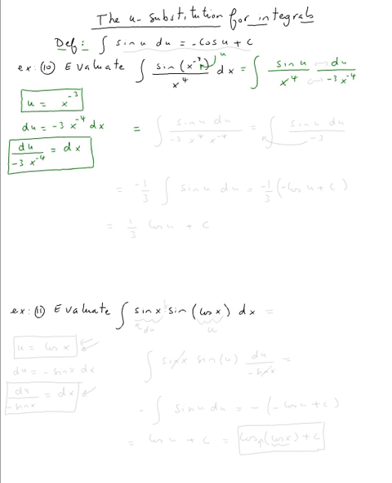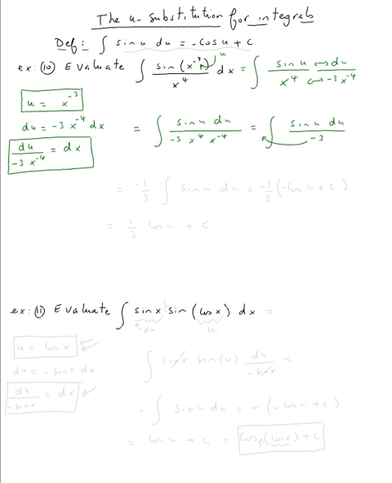Yes, you can multiply. These are just fractions, so this is going to be equal to sine of u du over negative 3 x to the 4 times x to the negative 4. But x to the 4 times x to the negative 4 is just 1, so this is going to be the integral of sine of u du over negative 3.